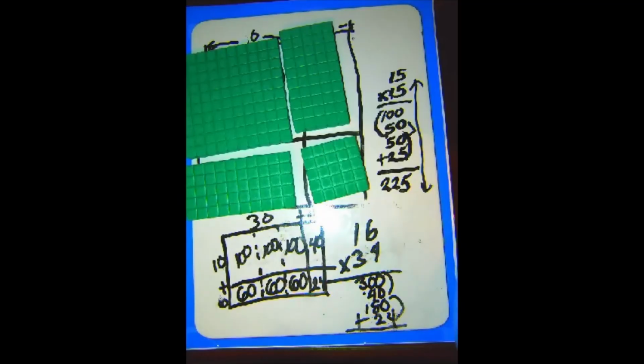Clearly, any number can be represented with base 10 blocks in this fashion, so it's just a question of careful counting and organization where we keep track of our sketches.